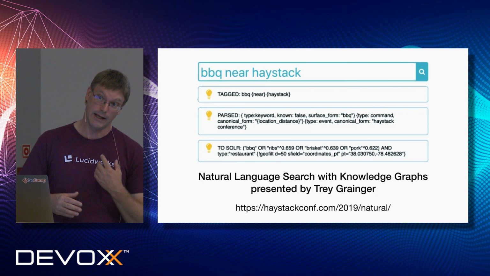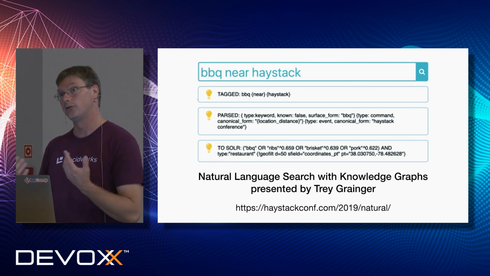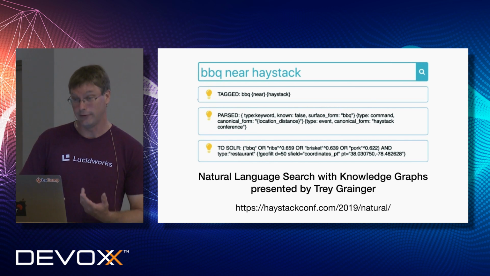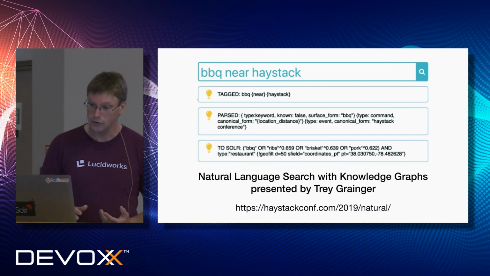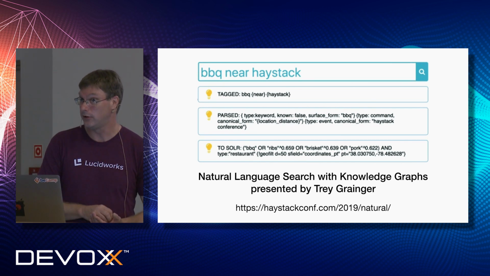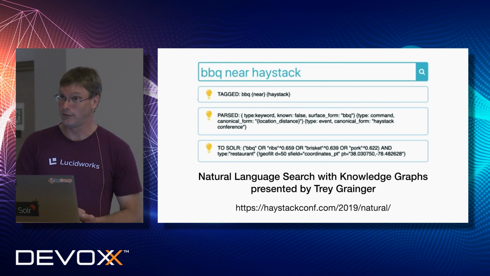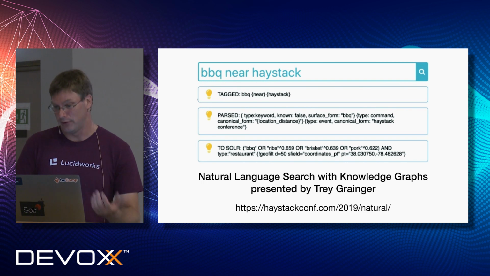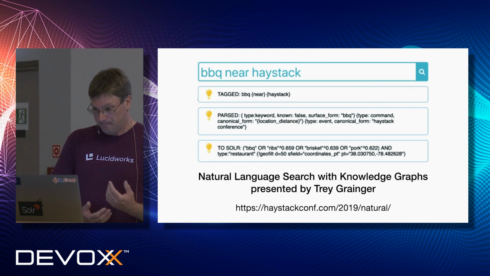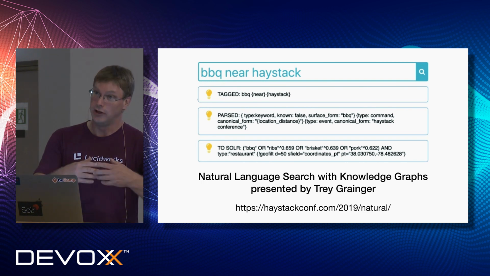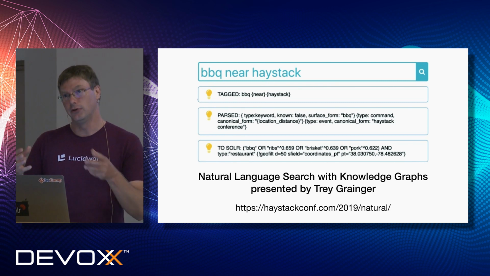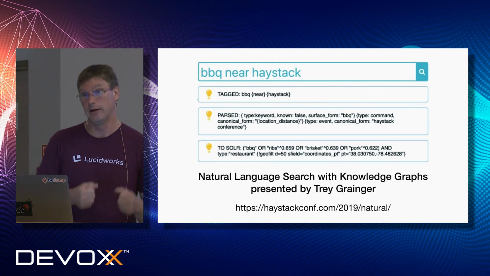So navigating the semantic knowledge graph of the collection that you have, which are, in this case, restaurants, you look up the word BBQ, and the semantic knowledge graph comes back and says, well, BBQ is like ribs, is like brisket, is like pork. And those terms are also associated with documents of type restaurant.